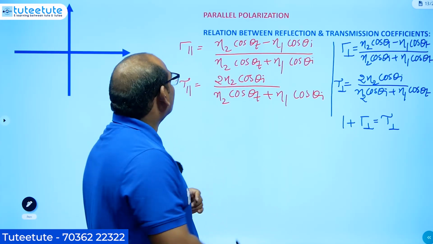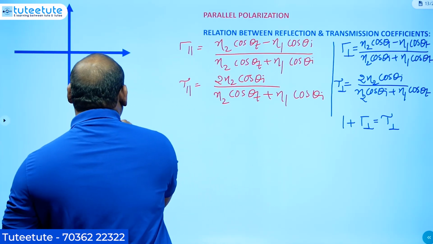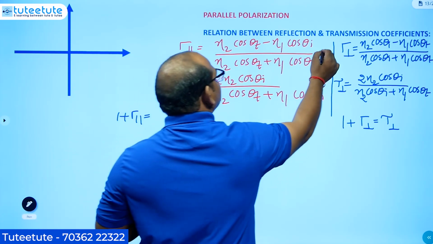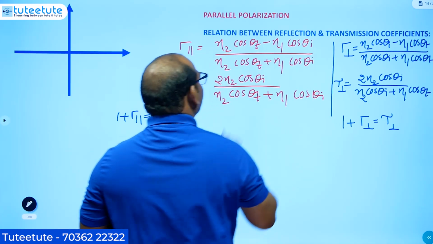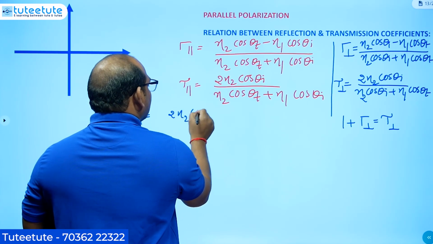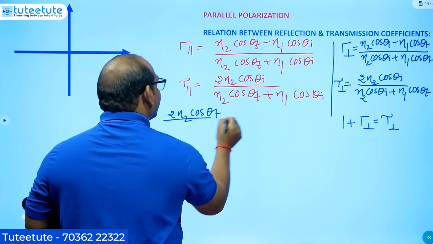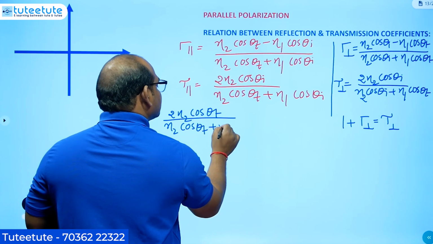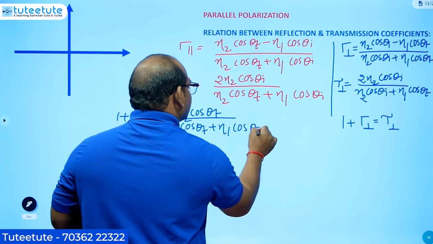You can check that now. So for that purpose I am taking 1 plus gamma parallel. Plus 1 will be added to the numerator. So what we will get? 2 times of eta 2 cos theta T by eta 2 cos theta T plus eta 1 cos theta I. This is what we can get.